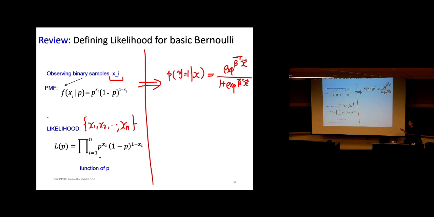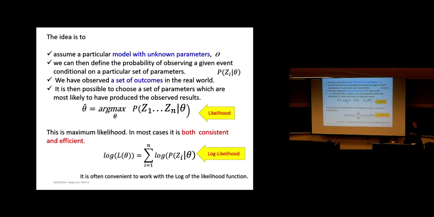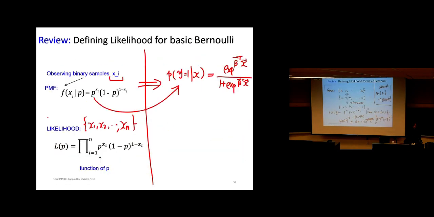The only thing that changes is to replace that constant p in the basic case with a function form that has both the beta parameter and also the x input. So in the end, if in this form, who is my theta in this case? Theta is the theta vector.